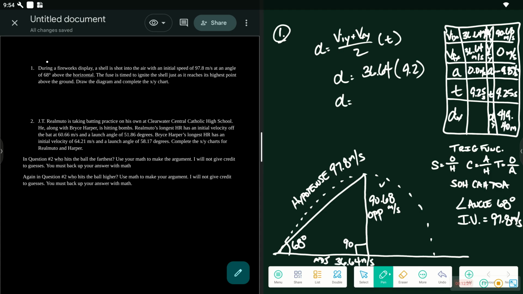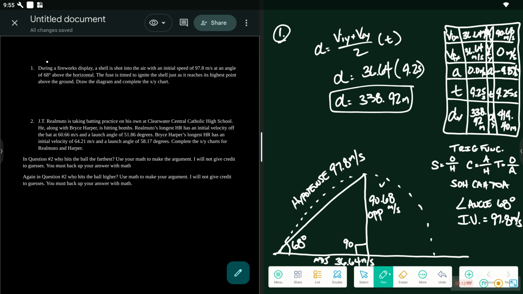D of X equals 36.64 times 9.25. All right, so your X value is 338.92 meters. That's how far it has traveled. And then it explodes at the top.